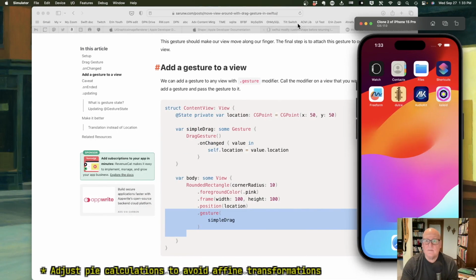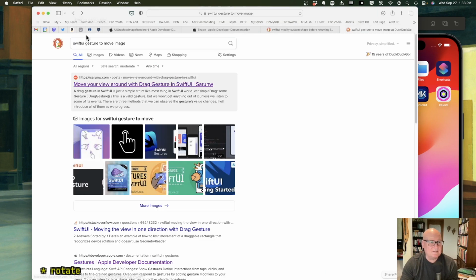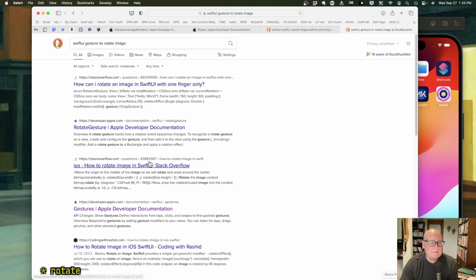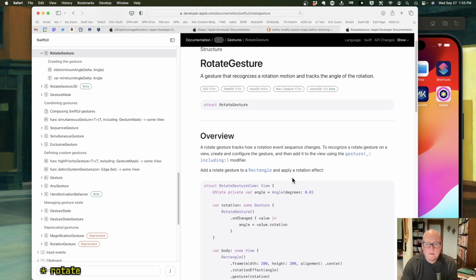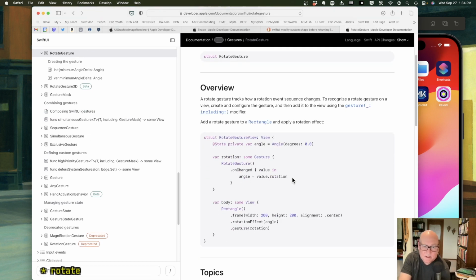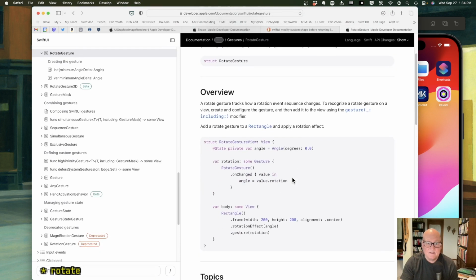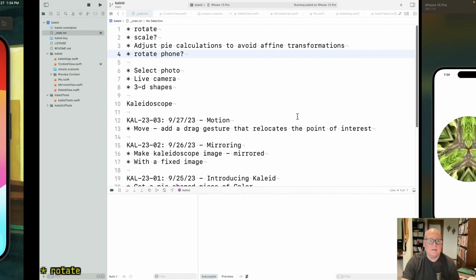So I forget what I searched for, but if I just swap in rotate instead of move. Okay, so rotate gesture. Well, let's add this.